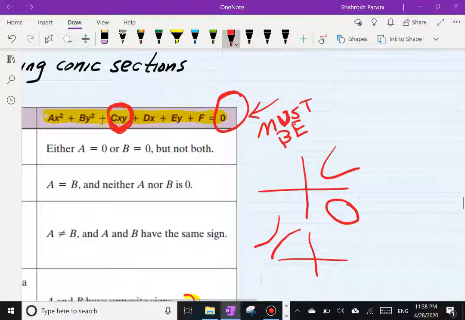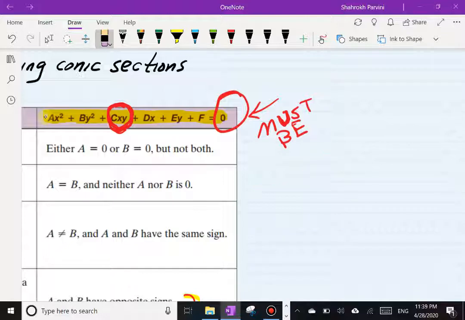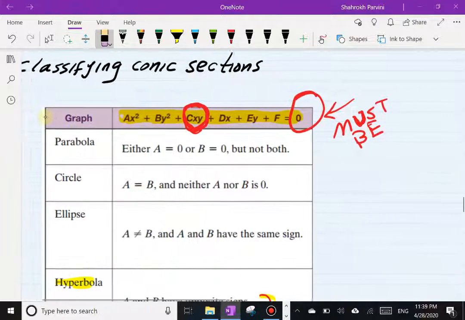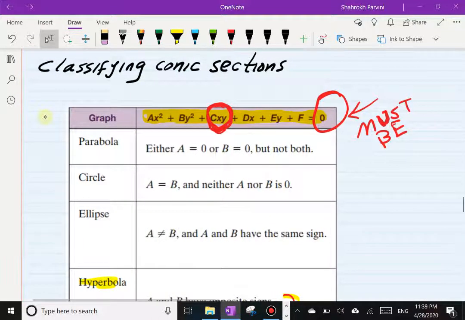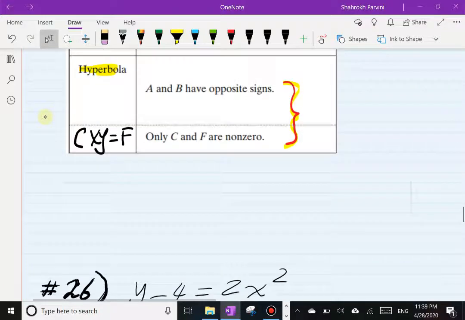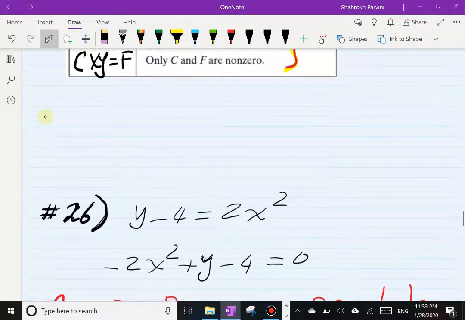It's going to make our work a lot more challenging and more involved than we want it to be. So usually in these courses we don't bother with the xy term, so we look at the standard ones. Not having the xy term causes the axis of symmetry to be only horizontal and vertical, not rotated.